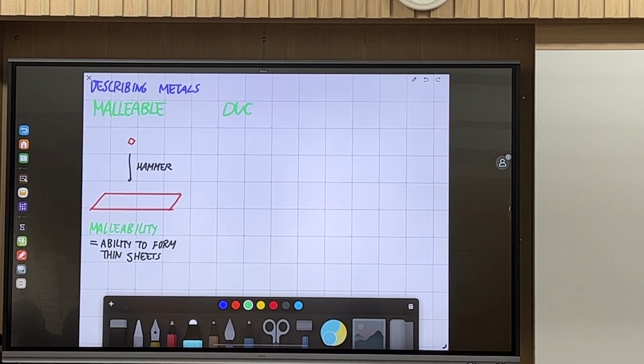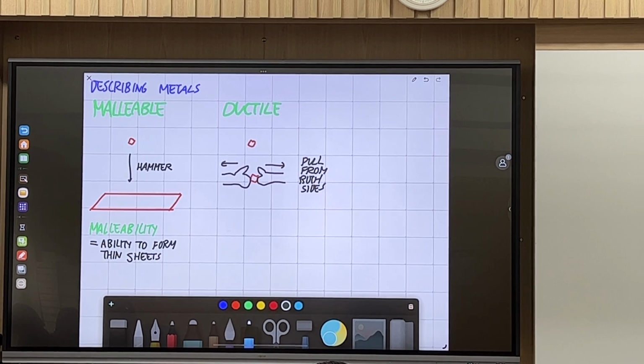When you say that metal is ductile, it means when you're pulling it from both sides. So imagine there to be two invisible hands here. When you are pulling it from both sides, you can turn metal into long and thin wire.